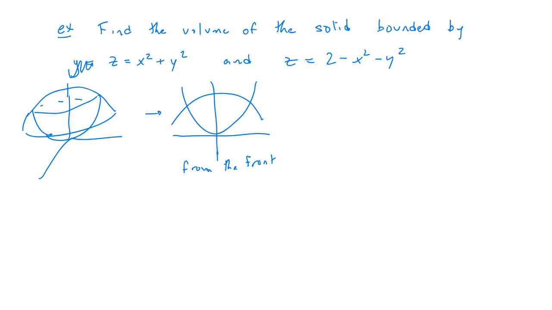So again, let me do it in the two pieces. We'll get the projection in a second. So here we're doing volume, which means we're just doing 1. And let me ask, what is here the bottom function? What is the top function?